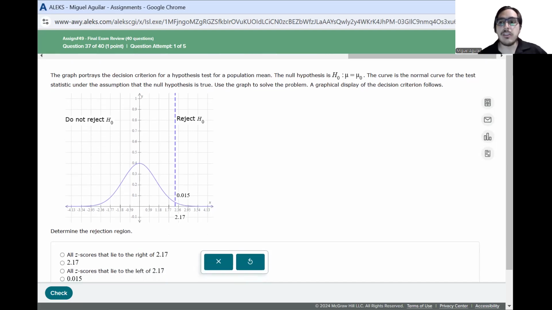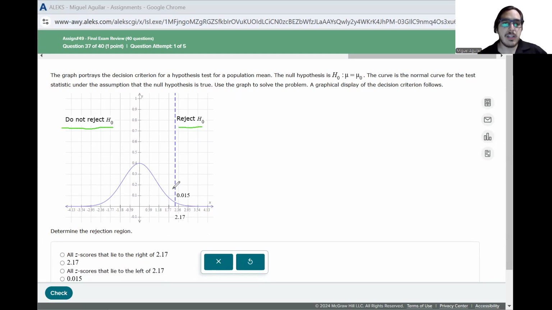So we have this graph here, and let's highlight some things that are going on in the graph. We have this area over here to the left where we do not reject the null hypothesis. The region over here to the right is reject the null hypothesis.